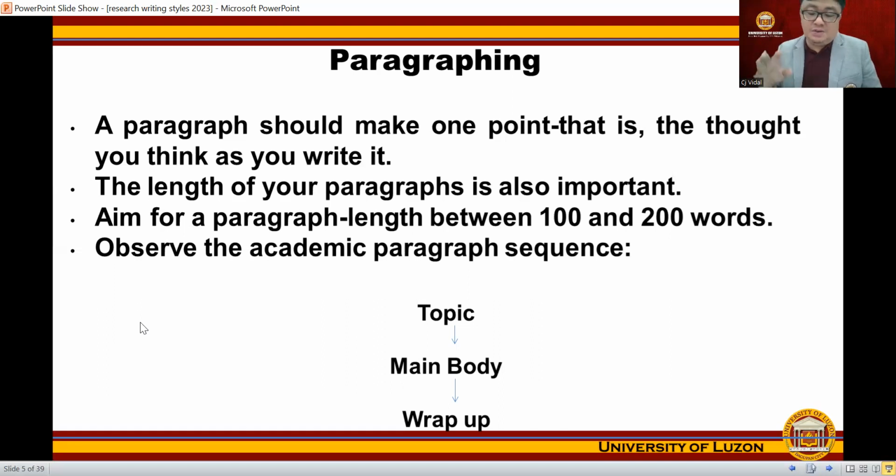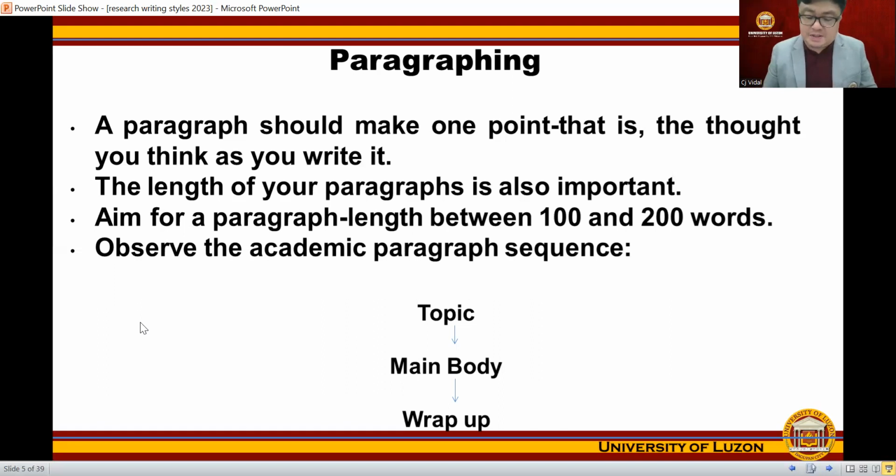So this should take up roughly a third to two-thirds of a page, say, for example, a letter size, 8.5 by 11, observing double spacing. So do not have one paragraph in one page. At the most, a third or two-thirds of a page.